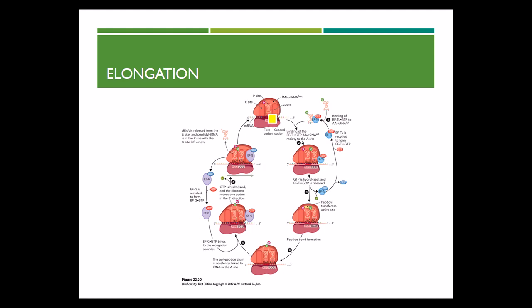So here is a scheme of the reaction taking place. We have our formyl methionine transfer RNA initiating in the P site. The A site is empty. We then have binding of the aminoacyl transfer RNA into the A site.